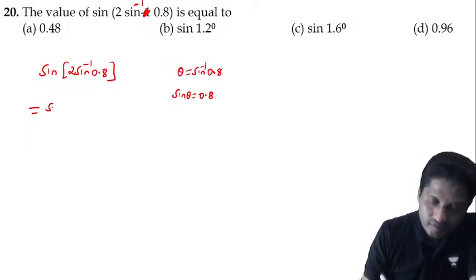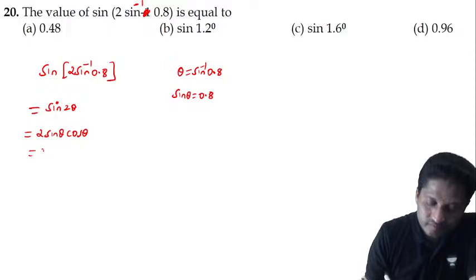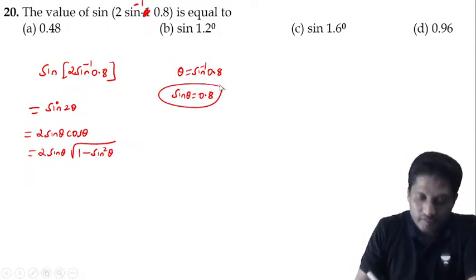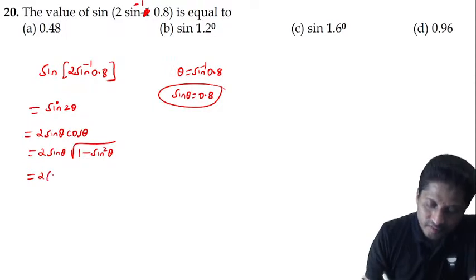So this becomes sine 2 theta, which will be equal to 2 sine theta cos theta. Cos theta can be written as square root of 1 minus sine square. Now I'll get the value. If I substitute here, this is equal to 2 into sine theta, 0.8, into root of 1 minus 0.8 the whole square.